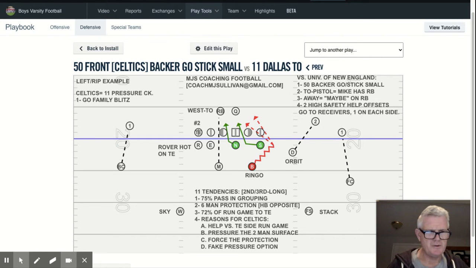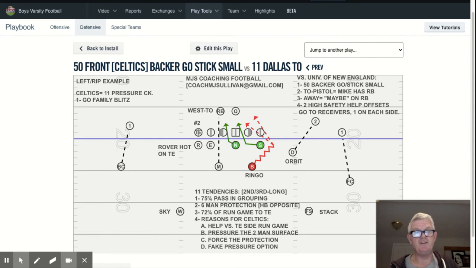We always have 4 pressure checks for each of the personnel groupings, and eventually that gives you about 16 right there. So you've got to be efficient with your practice time. For us, the pressure check concept enables us to pick what we think is the best pressure that week, in this case from the Go family against this personnel, based upon all their tendencies and all the analytics.